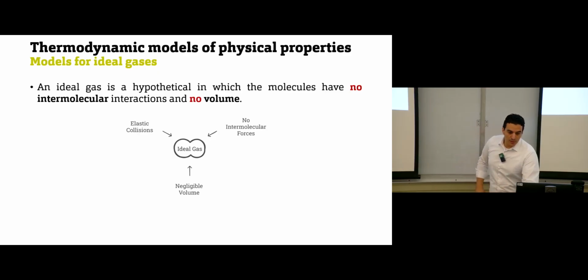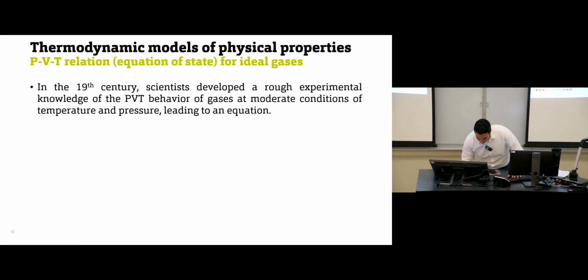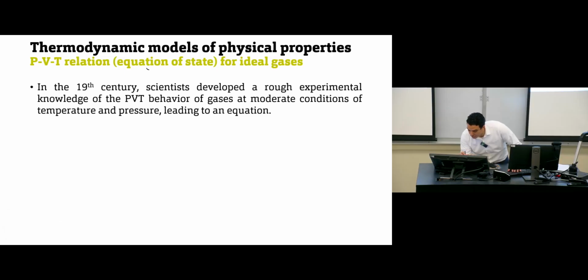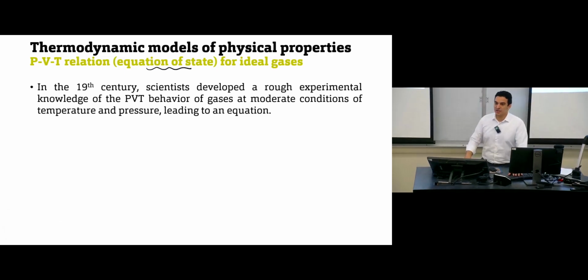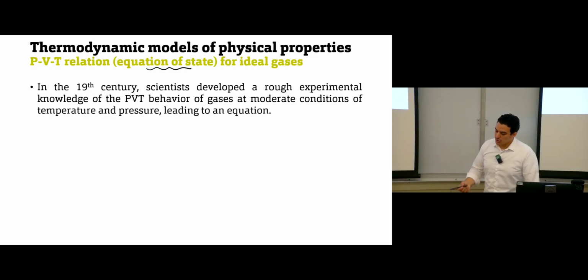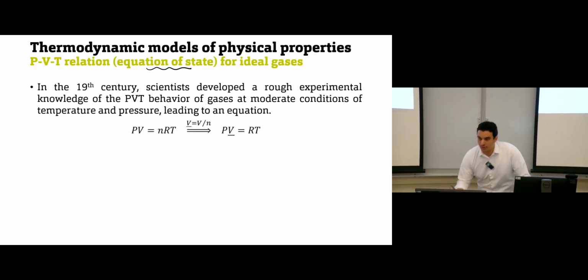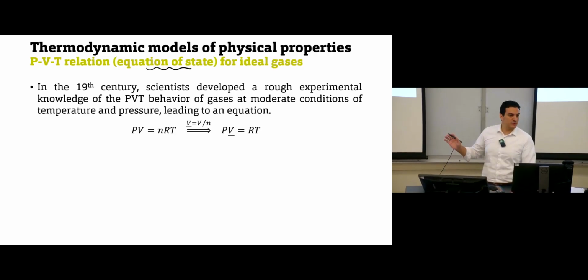Okay. So for ideal gas, an equation of state was derived to describe the PVT relation. An equation of state is any equation that contains pressure, volume, and temperature. So scientists did a lot of experiments and said if we have an ideal gas, we can say PV equals nRT. Does this look familiar to you?